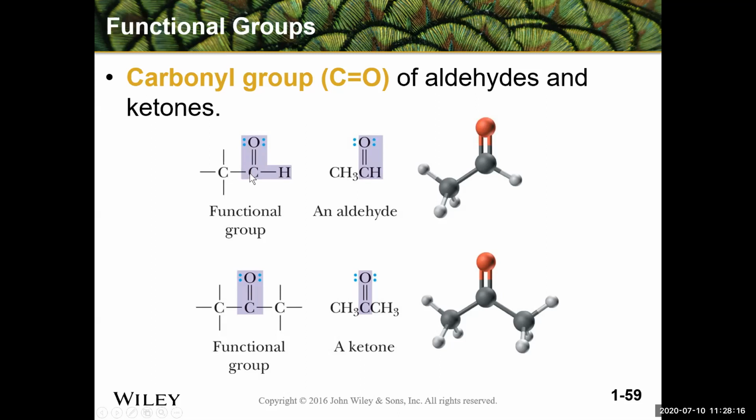So in an aldehyde, one of the single bonds from the carbonyl carbon is to another carbon atom, and the second bond to the carbonyl carbon is to a hydrogen atom. And notice the oxygen itself has 2 lone pairs, and then the 2 bonds that make up the double bond.